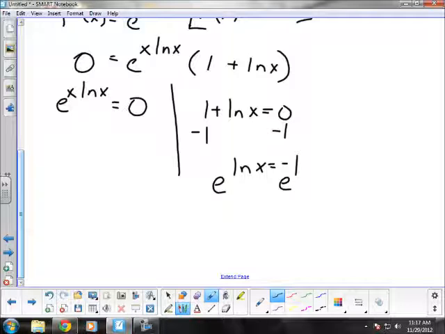So e to the ln of x would just be x, and e to the negative 1 is just 1 over e, right? Okay. So that piece works, and it is a positive number, you're exactly right.